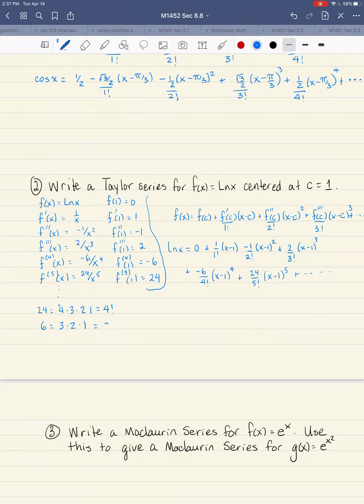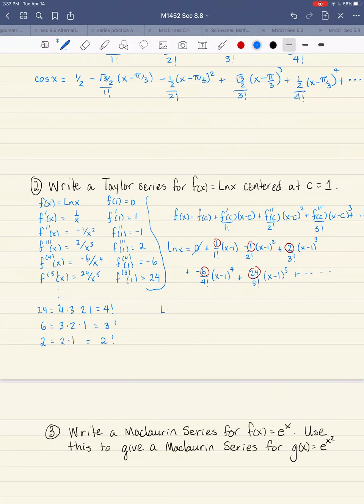And that 6 up there is 3 times 2 times 1, so that's 3 factorial. The 2 is 2 times 1, so that's 2 factorial. So these numbers can be written as factorials. Even this one, that would be 0 factorial.